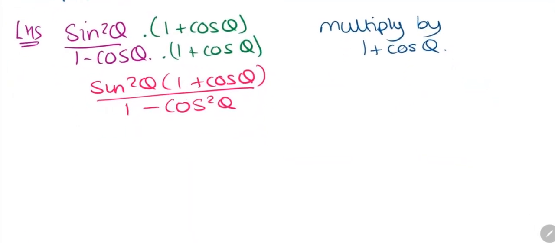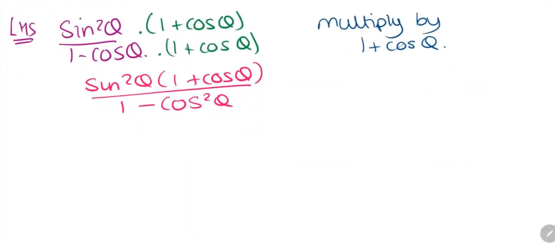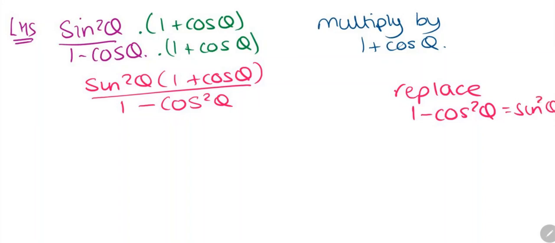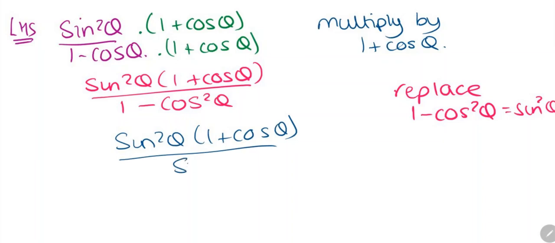So now we can replace 1 minus cos squared theta. This is equal to sine squared theta. So I'm going to rewrite, keep the top the same, and change the bottom to sine squared theta.